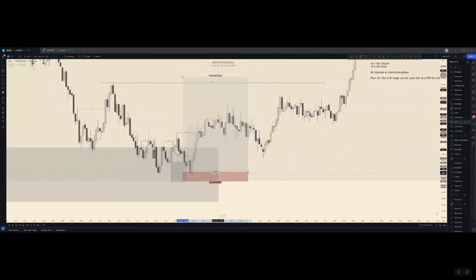Even this and this, 3.1 pip stop loss, it's so rare that you're going to see that. But if it happens, then it happens. You can take it, of course. If it's small enough, if it's underneath like 1.5 pip stop loss, then do it. But it's pretty rare.